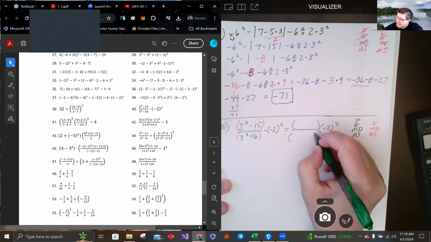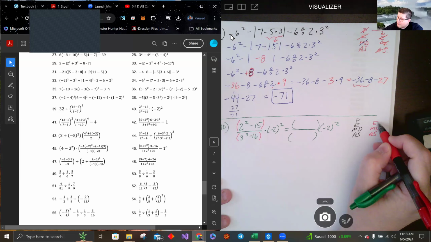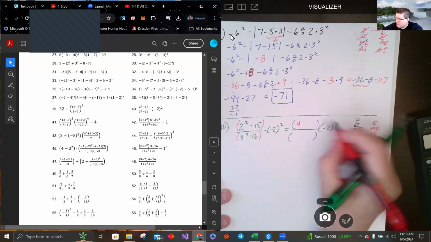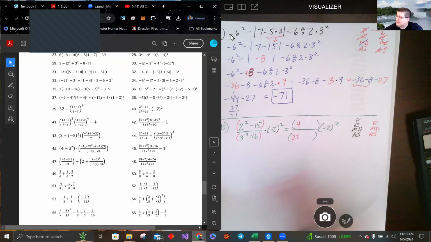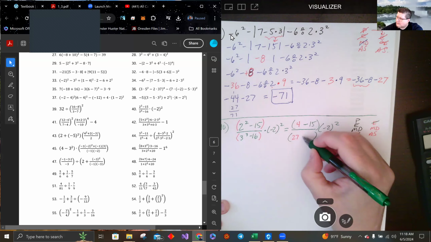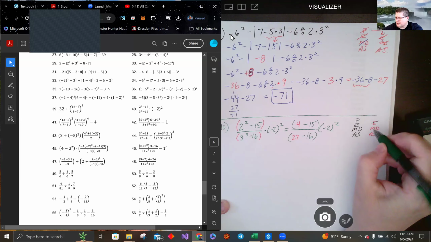So in my parentheses, I have a squared thing. The exponents are going first. I've got 4 right there. And 3 cubed is 27 down here. There's no multiplication or division.